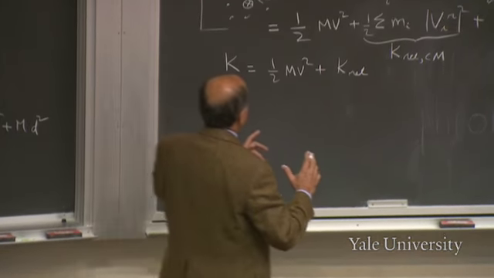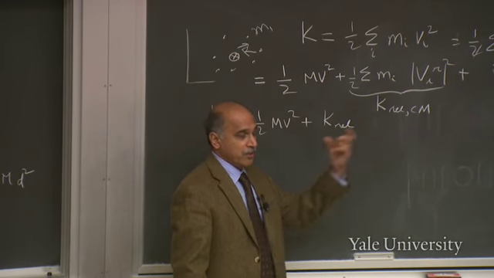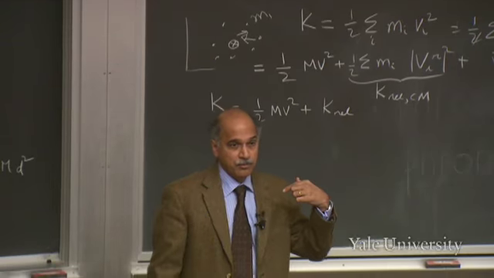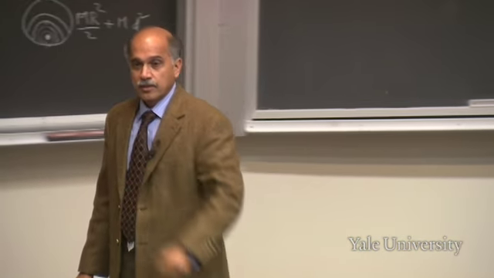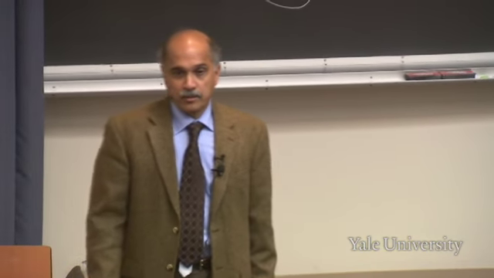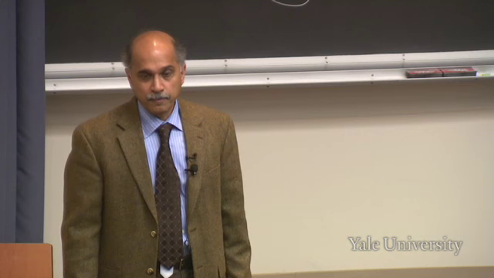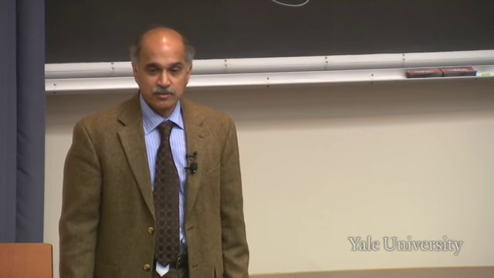In that case, what motion is allowed if you ride with the center of mass? Think about it. What motion can you have? Yes? Rotational? It's rotational, but you can be more specific. Rotation about which point? Center of mass. And was that a good guess, or was there a reason for that?